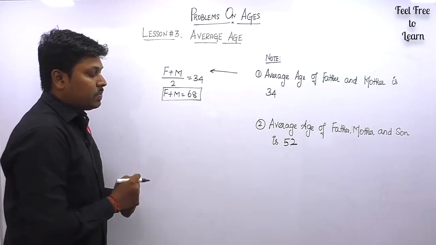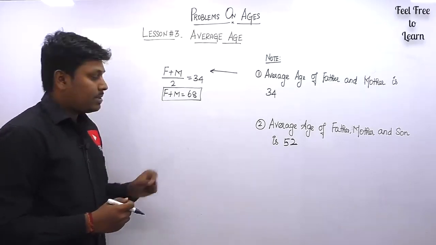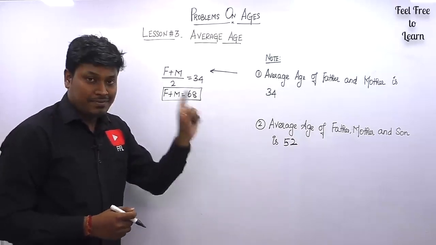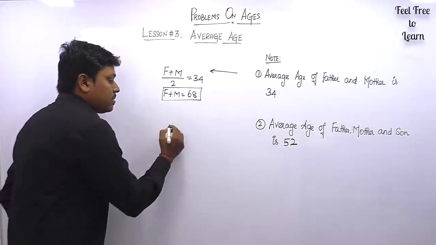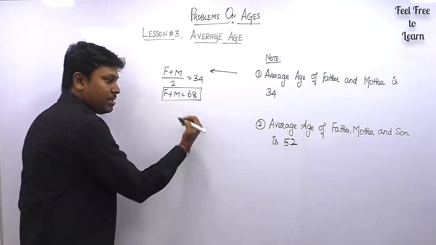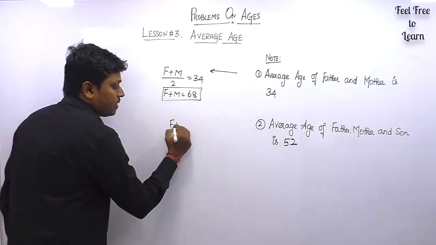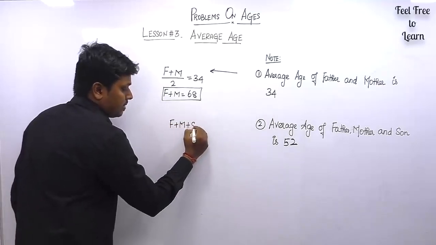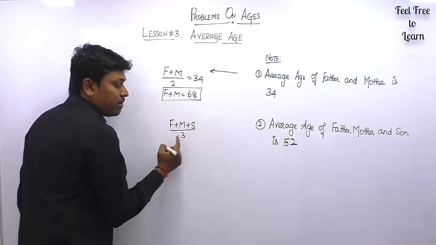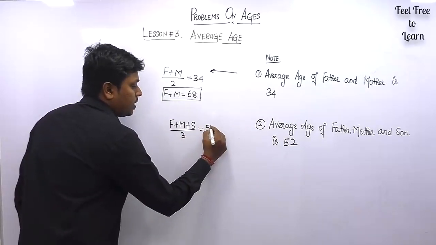Point number 2: the average age of father, mother and son is 52, right? So the average age of 3 persons. Average is equal to sum of observations divided by total number of observations. In the numerator, the sum of observations, father, mother and a son, divided by 3 is equal to 52.